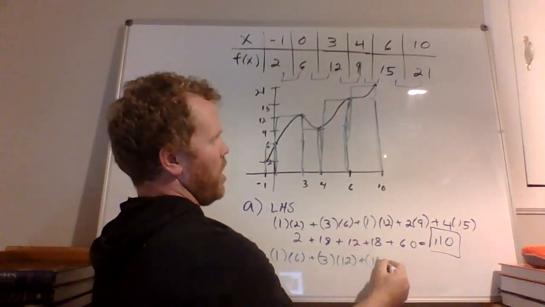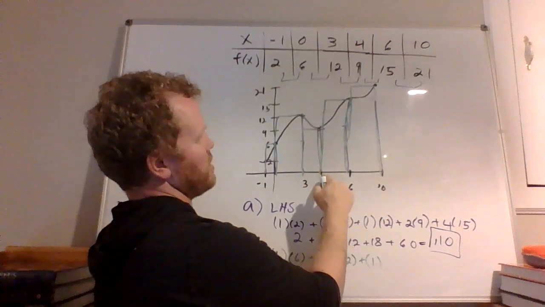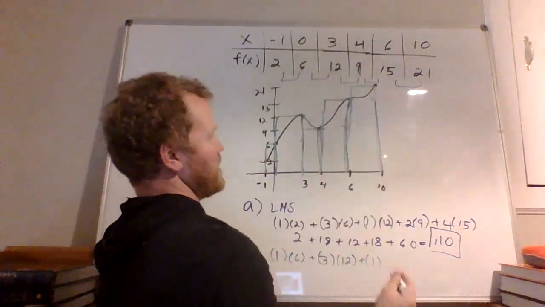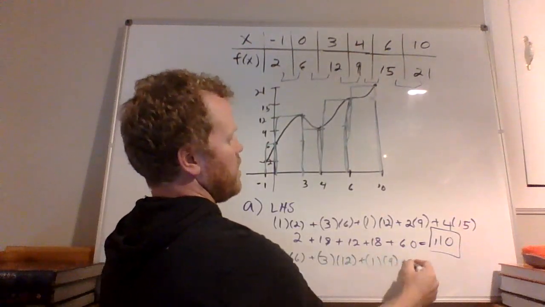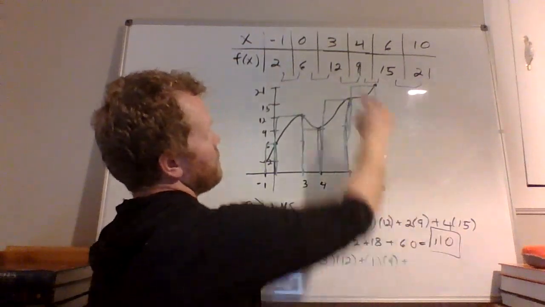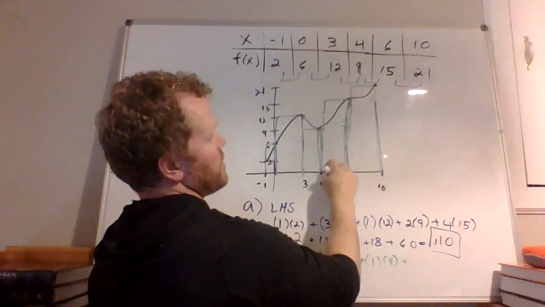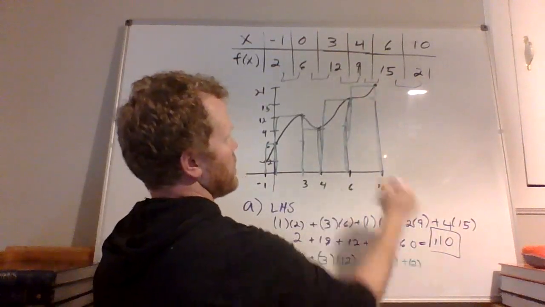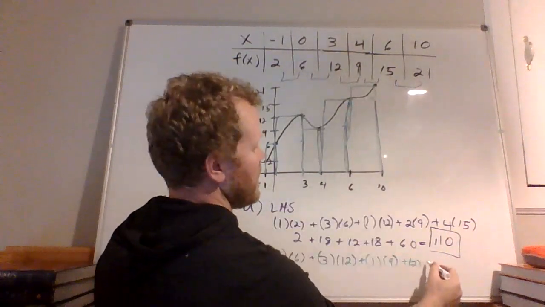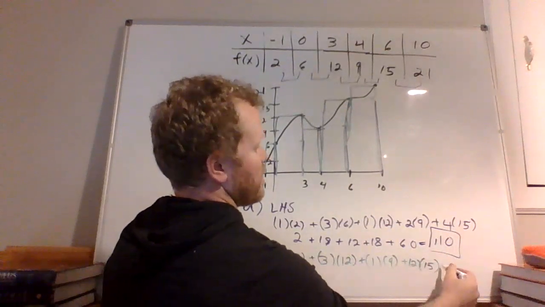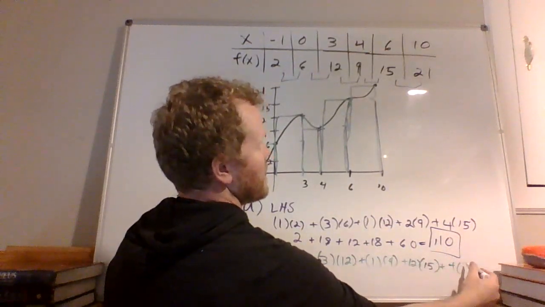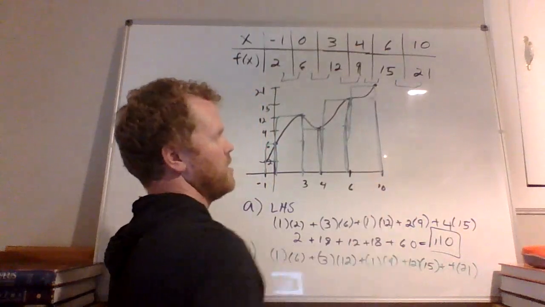Plus, once again, 1, because from 3 to 4 it's 1 unit in space. You just wind up using 9 instead of 12 for the height. Plus, next, you're going from 1 unit in space here to 2 units in space here, times the height there, which is 15. Finally, plus 4 times, in this case, 21, is the end instead.